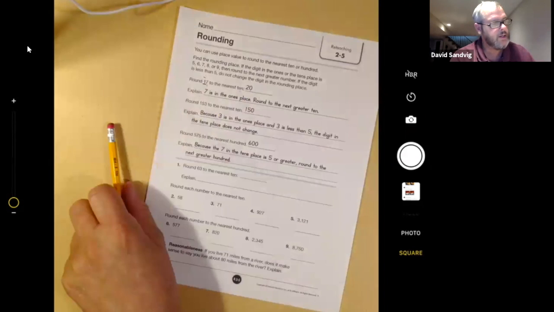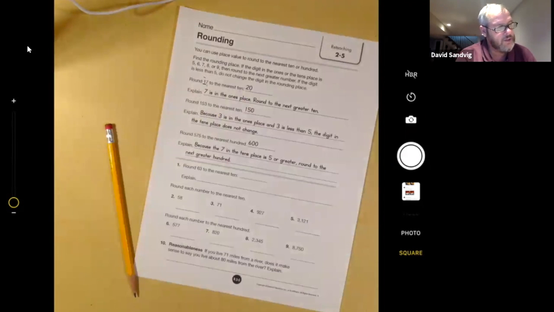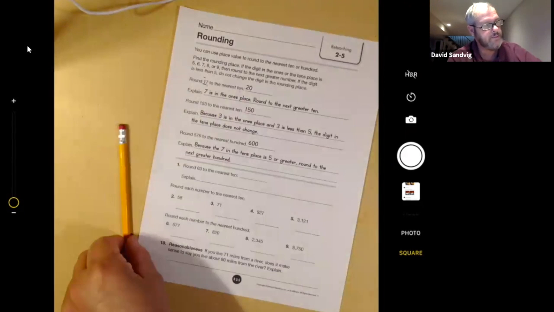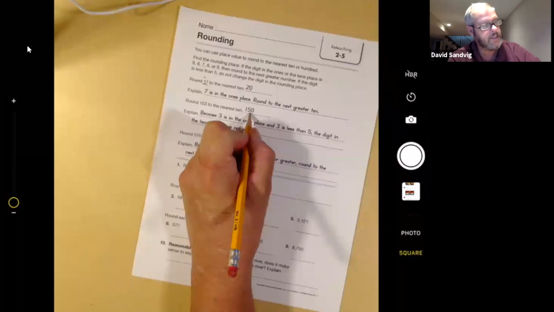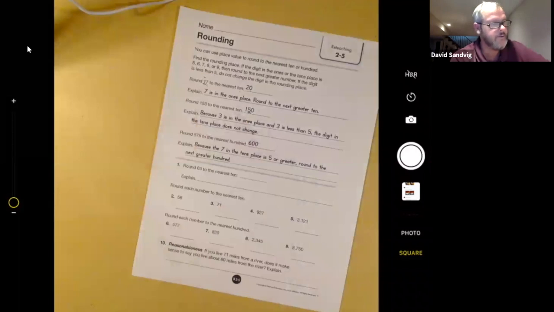The next one, round 153 to the nearest 10. Again, our rounding number is in the tens place. It is a 5. We're going to look next door to its right. That number is 0. That's 4 or below.